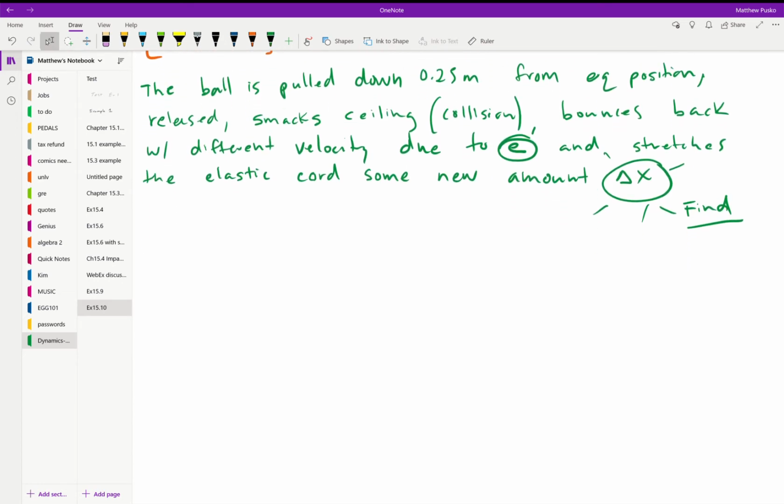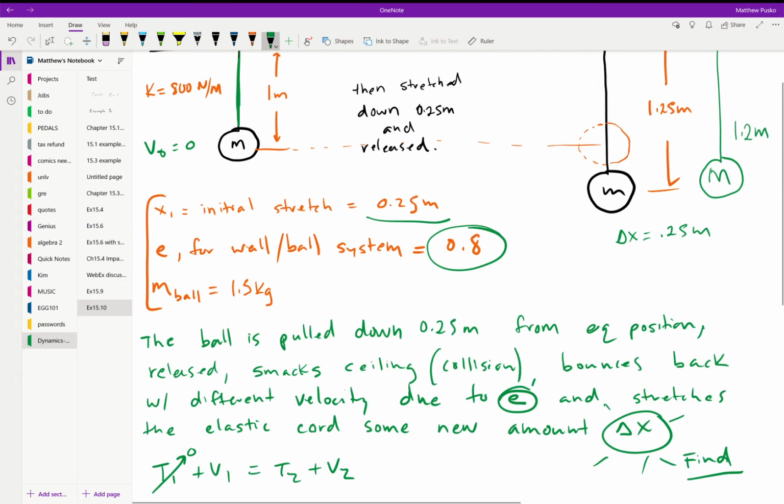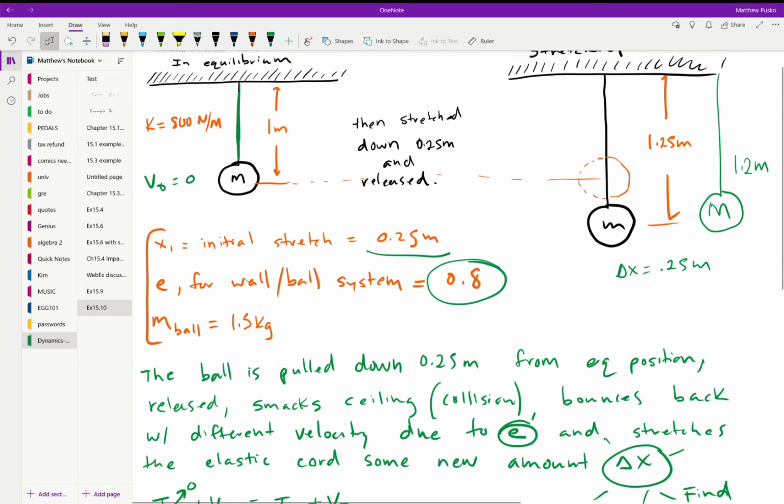What's our new delta x when it comes back down? So I'm going to go ahead and find out how fast that thing is going right before it smacks the ceiling. So let's do a conservation of energy. T1 plus V1 is equal to T2 plus V2. It's released from rest, so it has no kinetic energy. Depends what we call our datum in this case, right?